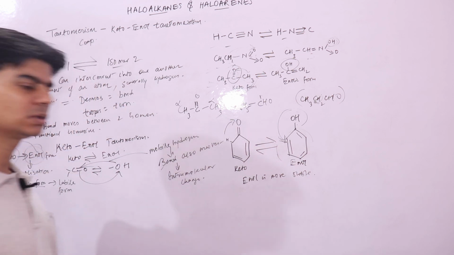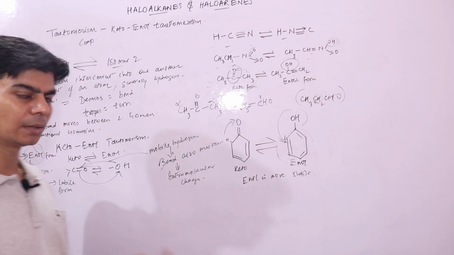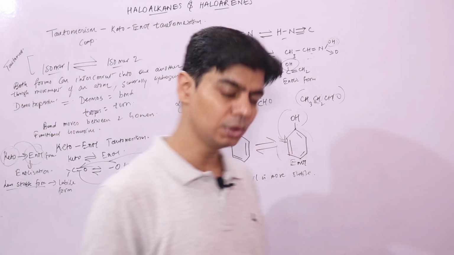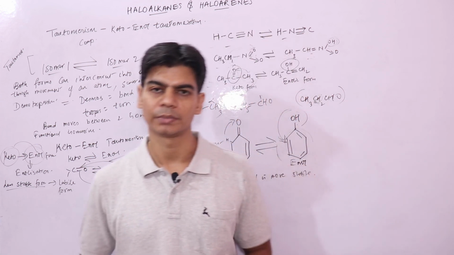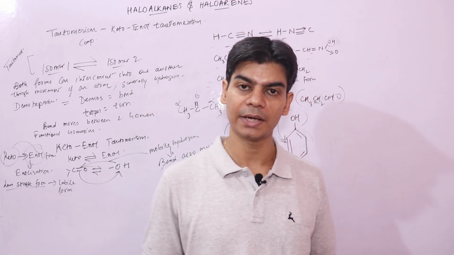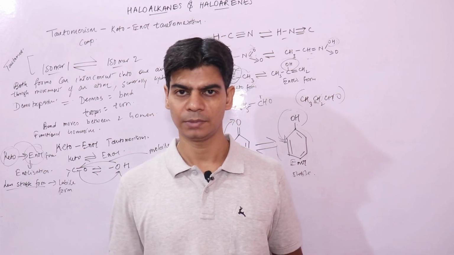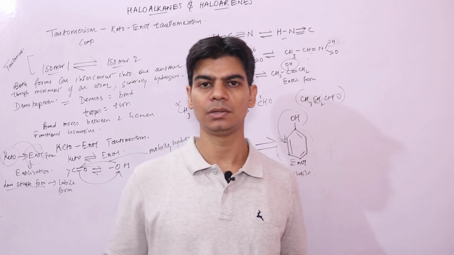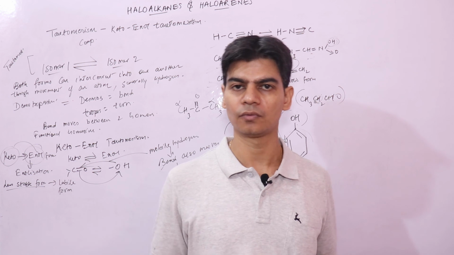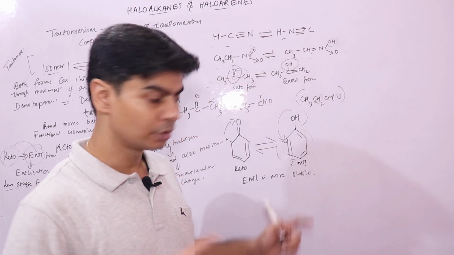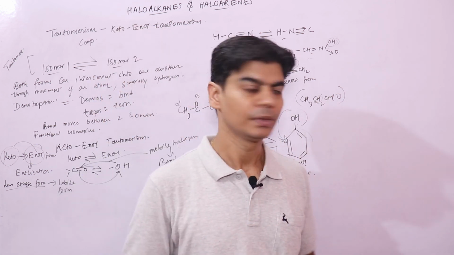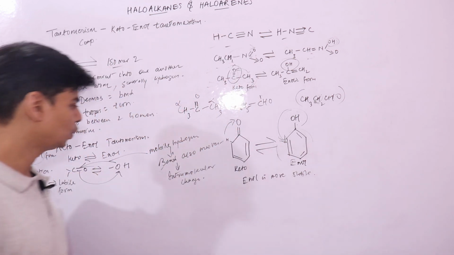So alpha hydrogens should be there in the compound in order for it to show keto-enol tautomerism, because it is this alpha hydrogen that moves, due to which it converts into the other form, like the enol form, or the enol form converts into the other form. So this is important.